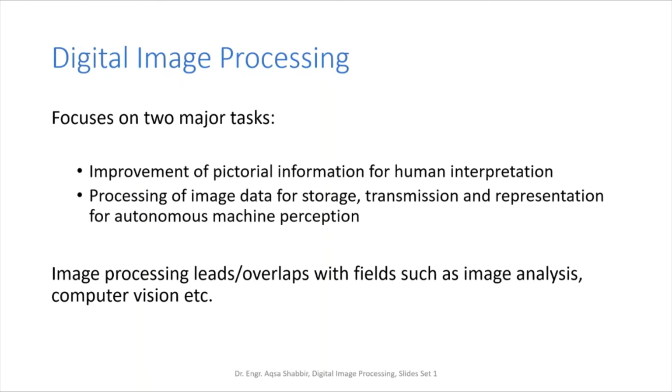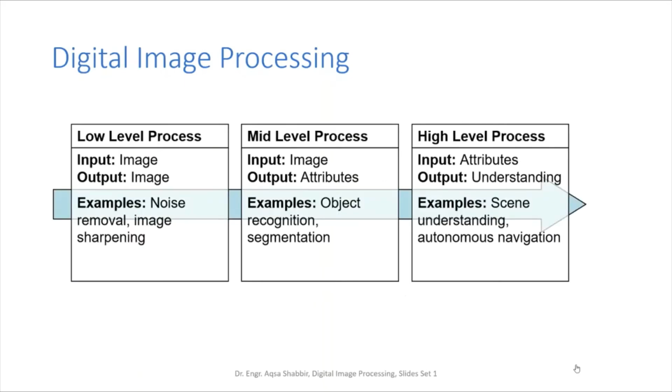Image processing overlaps with fields such as image analysis and computer vision. The algorithms, tools, and techniques in digital image processing can further be divided into low-level processing, mid-level processing, and high-level processing, depending upon the complexity of the processing system.